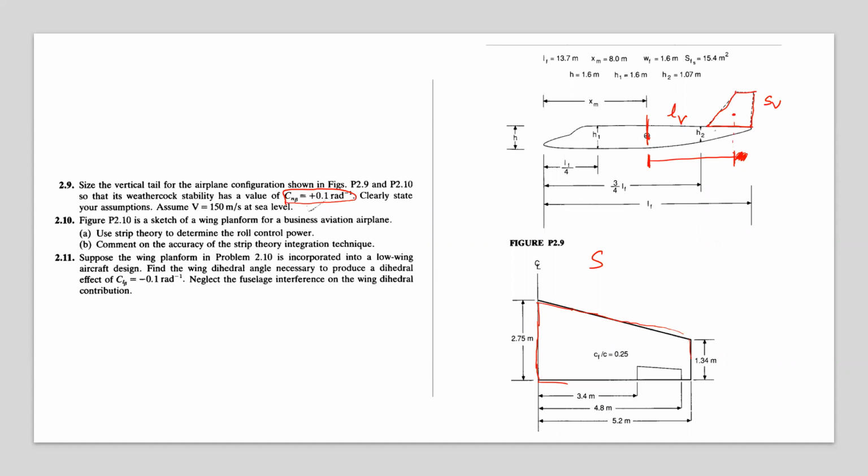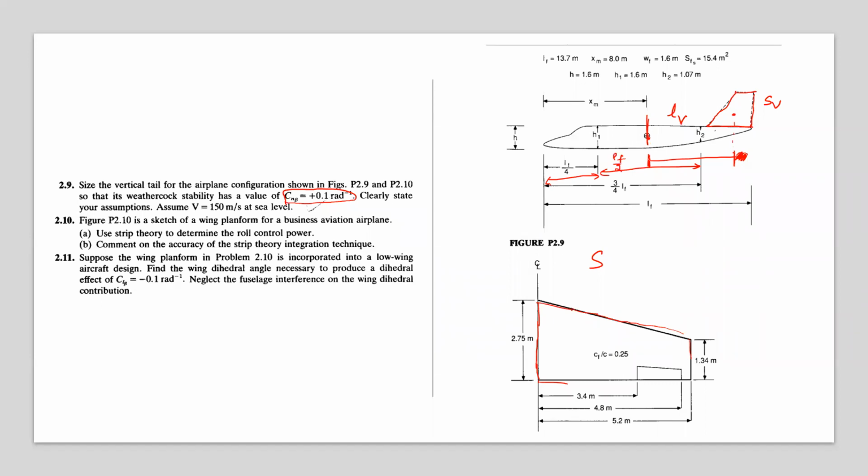Sir, we can assume LV as half of the fuselage length. Half of the fuselage length. Okay, let's see how much that turns out. So this is 1/4, and this is half again, right?